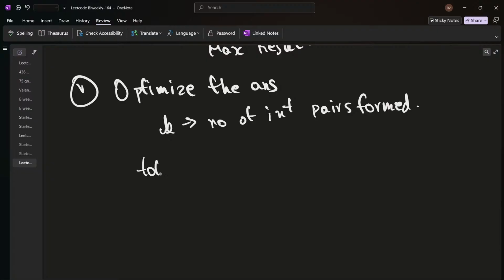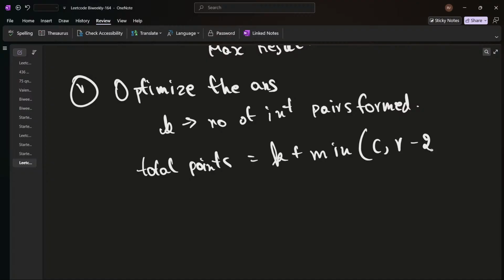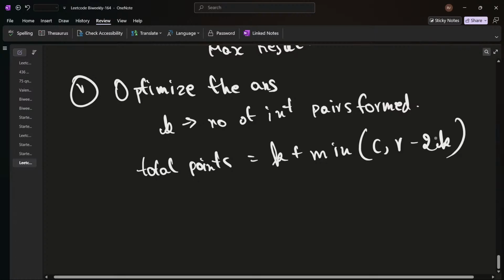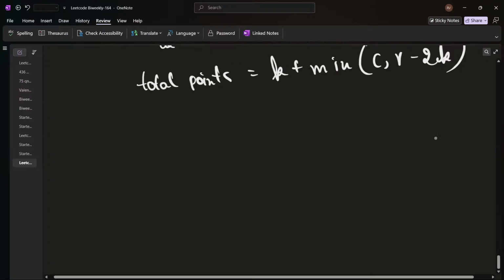I'll take total points. What will be my formula here? K plus minimum of C comma R minus 2k. Done.